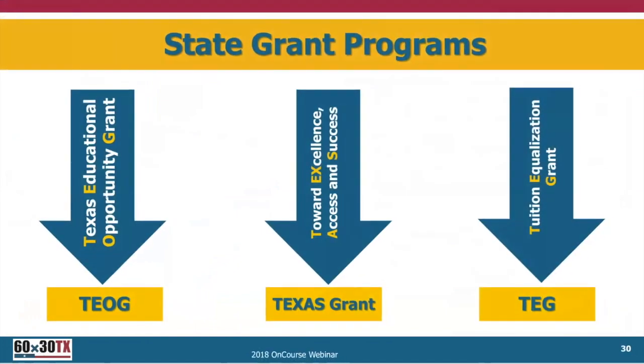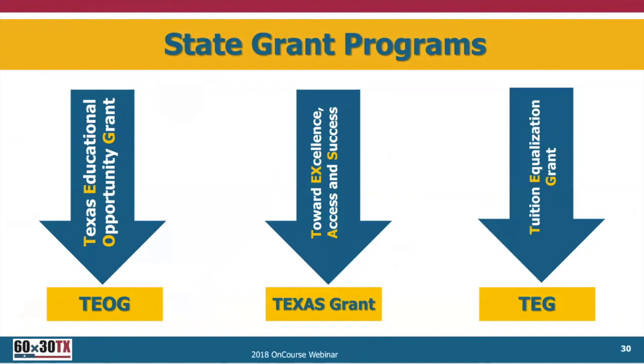So the three state grant programs that I'm going to go through, again, high level today, are going to be the Texas Educational Opportunity Grant, the Toward EXcellence, Access and Success Grant, and the Tuition Equalization Grant. Each one of these programs is appropriated by the legislature and then allocated out to each school that participates.